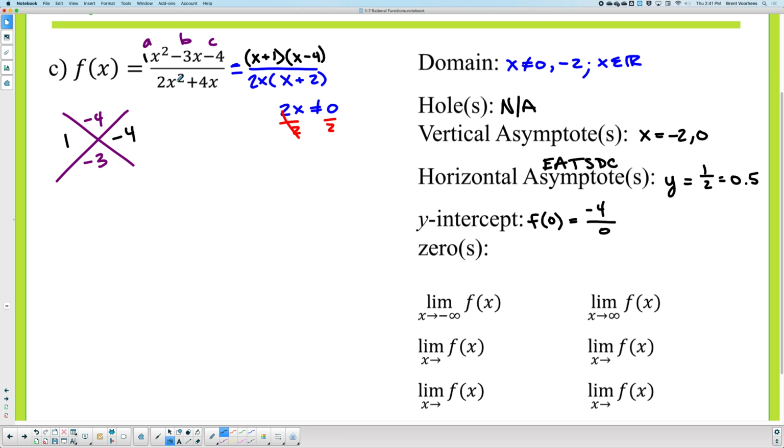No constant. Look at that graph. All right, there we go.